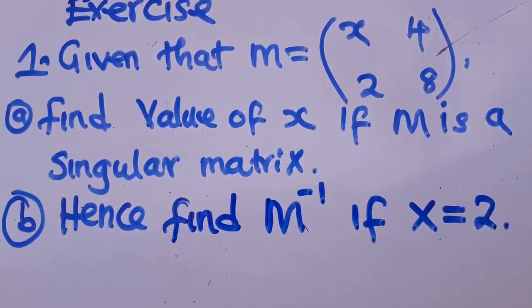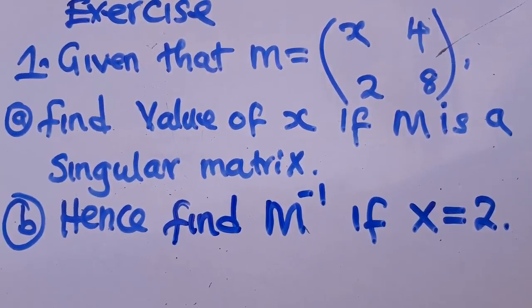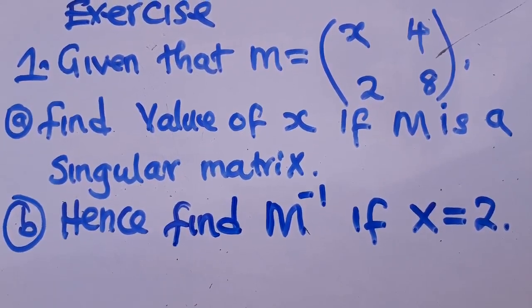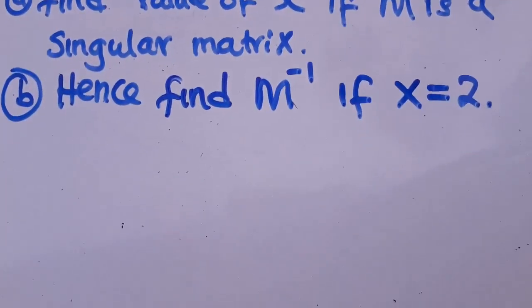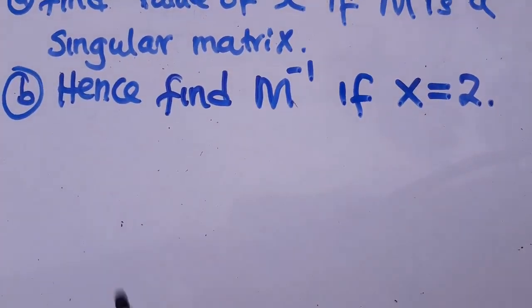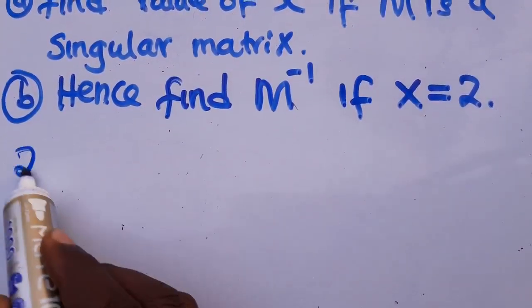So this is question 1. I want you to answer this, and I want you to practice this question. Then question number 2. The second question that I want you to answer is this one.